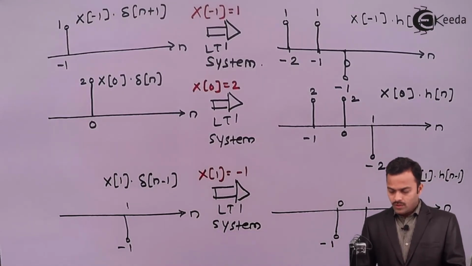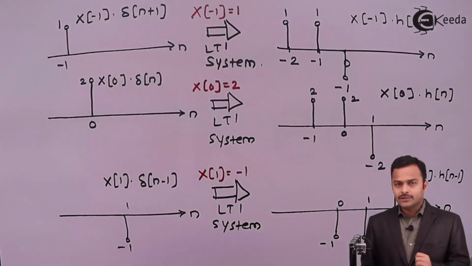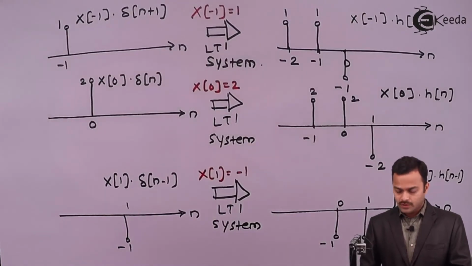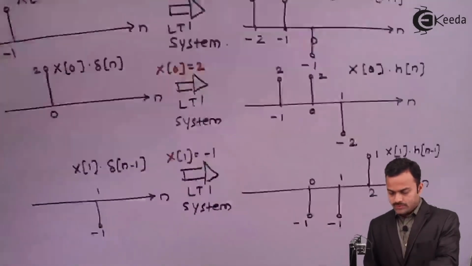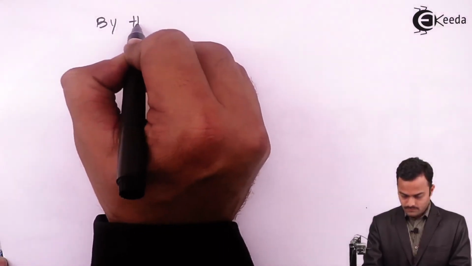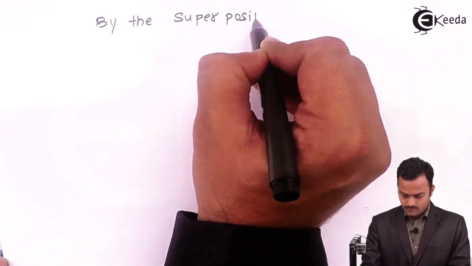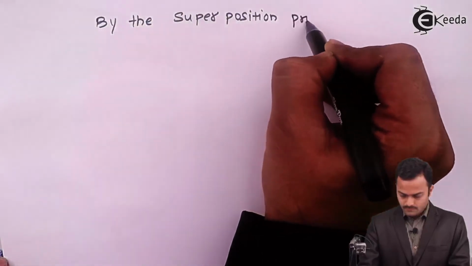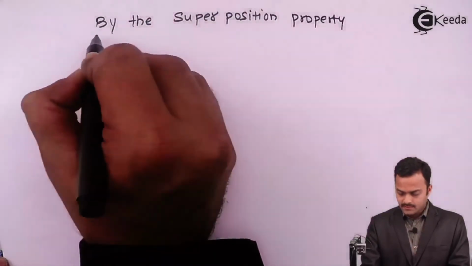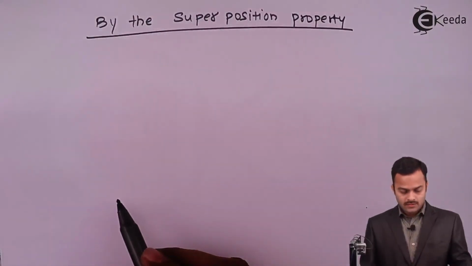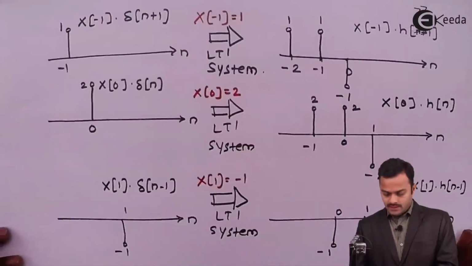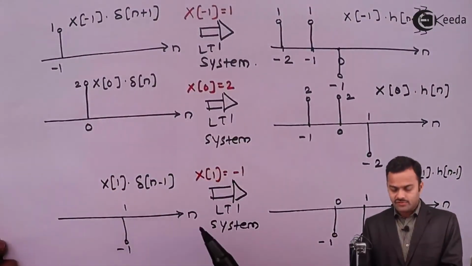Now what we can do in the end, we can use the property of superposition because it's a linear system. So along with the scaling property, it also exhibits the property of superposition. So by the superposition property, which is inherently there because the system is linear, what the superposition property tells is, if I sum these, I will get x of n.